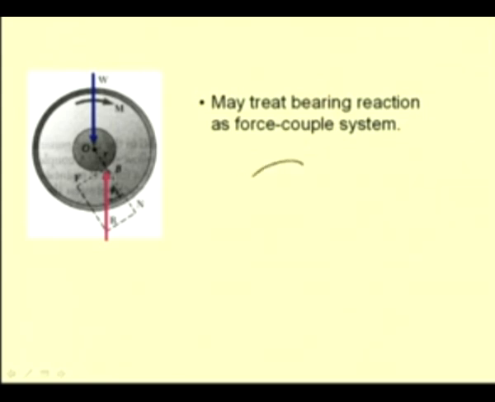We have this wheel and the axle, the weight passing through O, and the point of contact has shifted to this point B. This is the normal reaction, and we have the frictional force and the resultant R. This is small r, the radius of the axle.